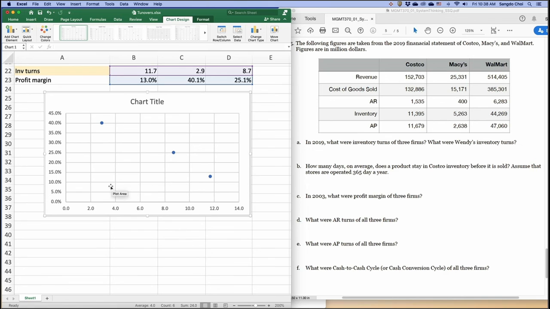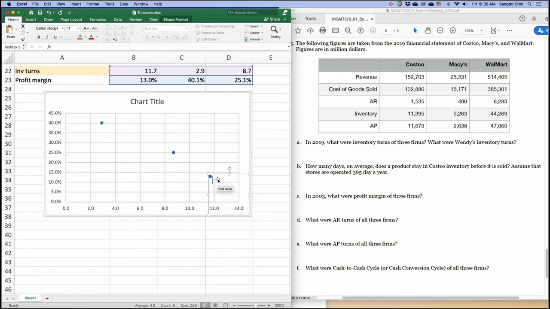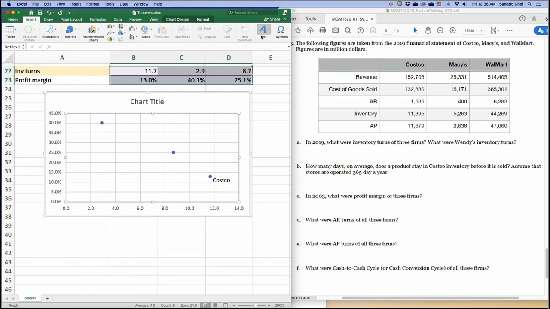In terms of inventory turns, this is Costco. Costco is best. I will add the label. This is Costco. And this is Walmart.